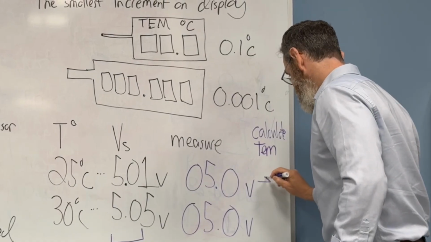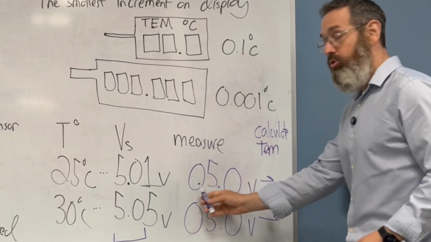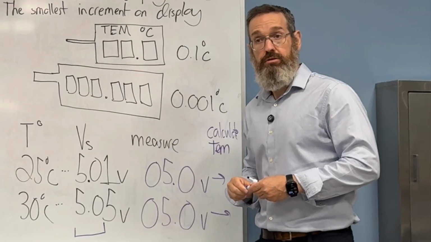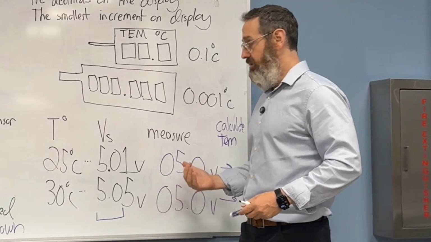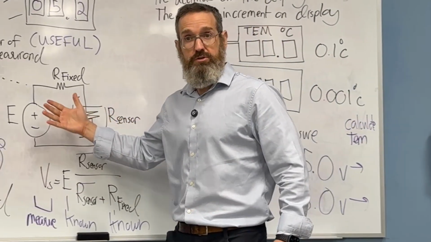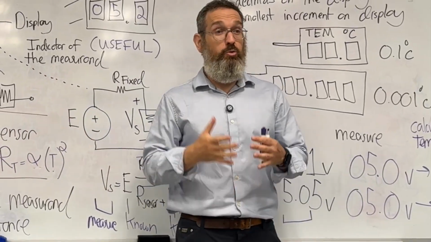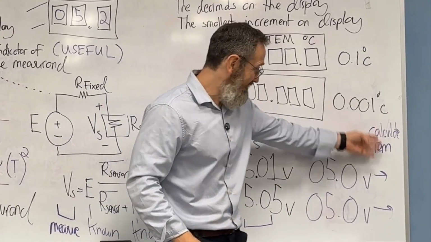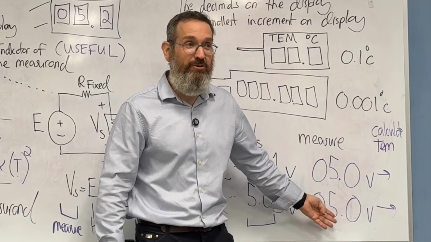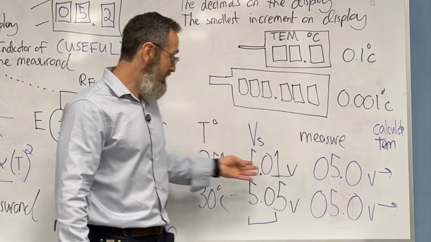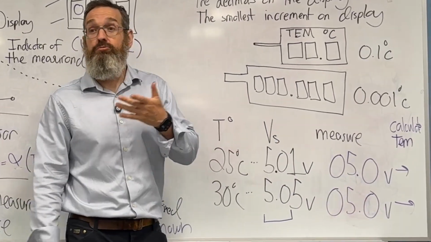You would use this in order to calculate the temperature. And how would you do that? Well, you would go through this process that we just talked about. But what you know is that you'll calculate the same temperature because you're starting with the same voltage. So you're going to miss. You're not going to get it right.